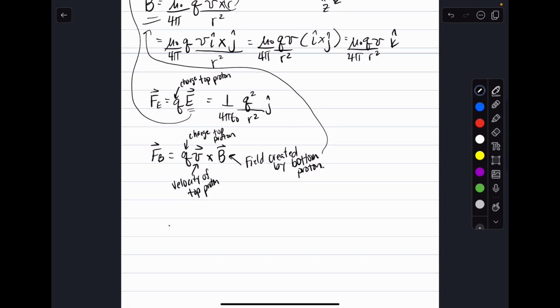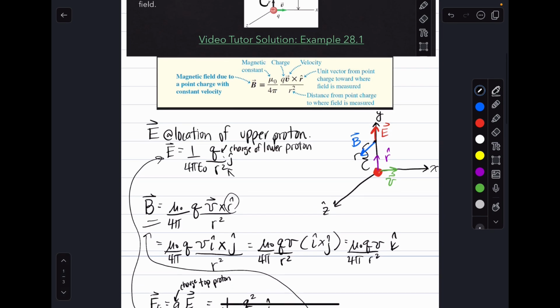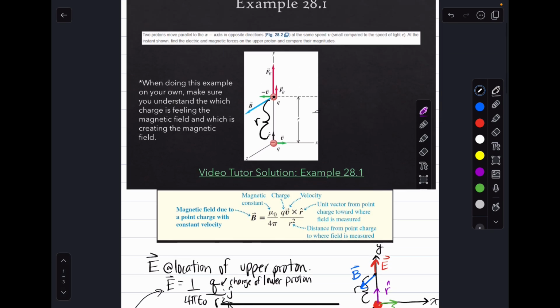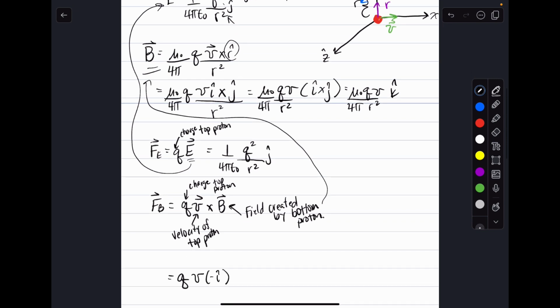So let's spell all that out. q, v in the negative x, negative i hat direction. Let's take a look at the picture again. What direction is the top proton moving? He's moving in the negative x direction. So this is the velocity of the top proton.